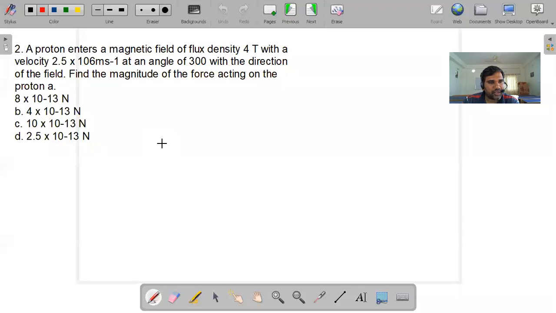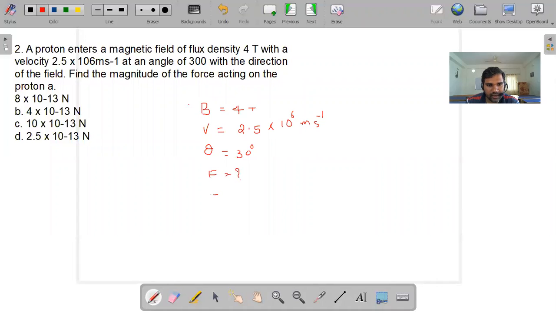The second question: a proton enters a magnetic field of flux density 4 Tesla. So the magnetic flux density B is equal to 4 Tesla, with a velocity equal to 2.5 into 10 power 6 meter per second at an angle of 30 degree, that is theta equal to 30 degree. Find the magnitude of the force. F is question mark.